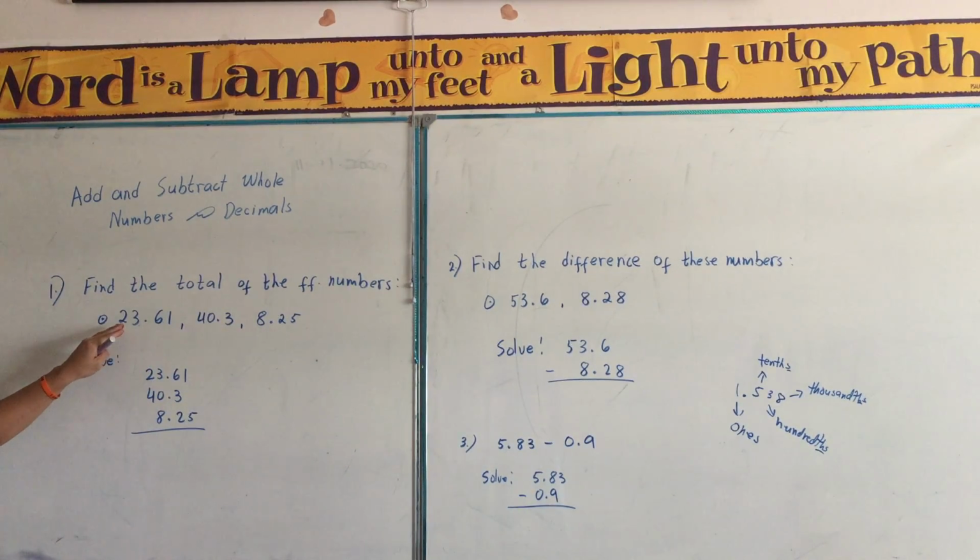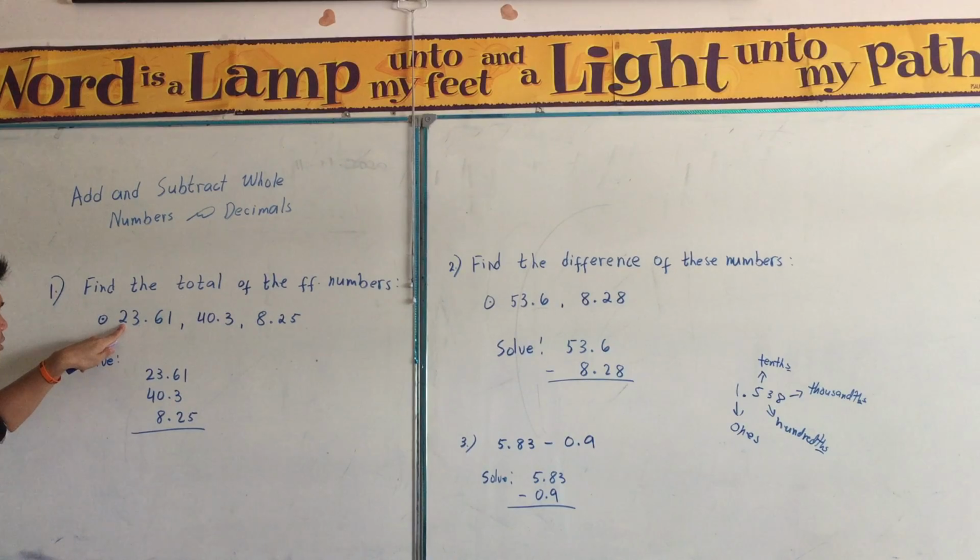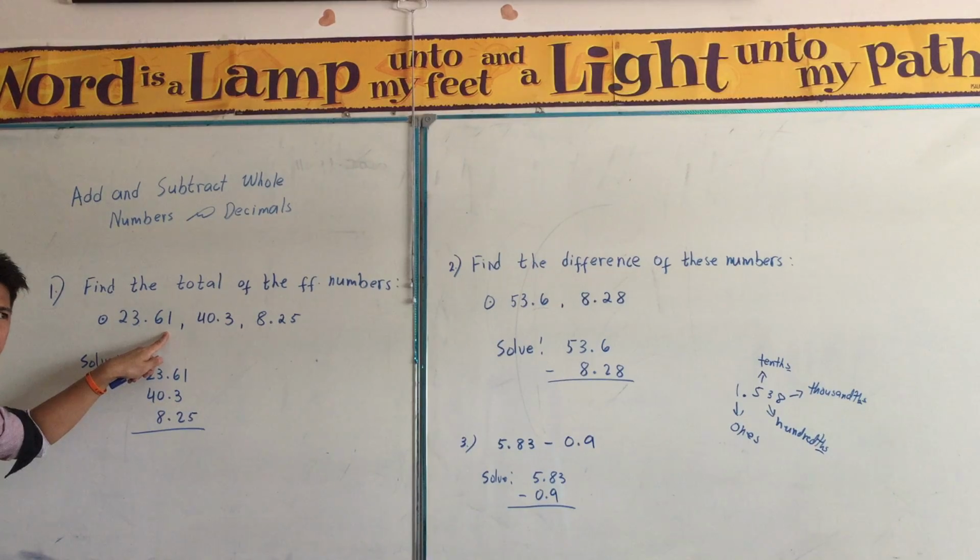So write first 23.61. Notice there are four numbers here. We have the tens, ones, okay, and after the decimal we have tenths and hundredths. Okay, I want you to remember that.